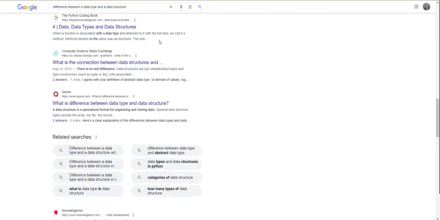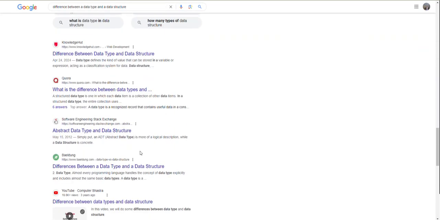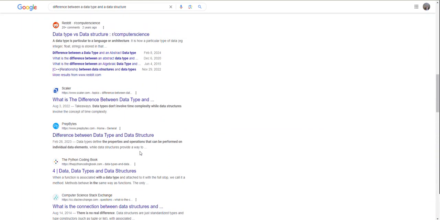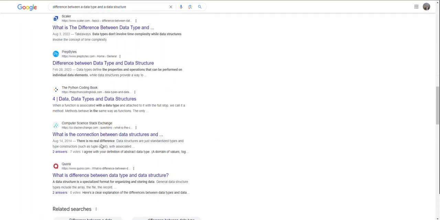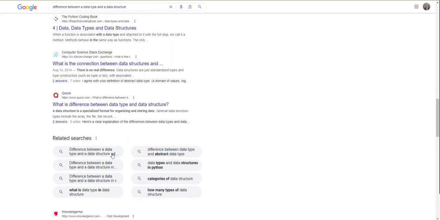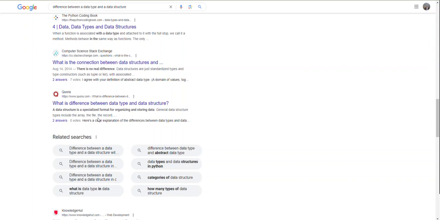I did it just to see how many different perspectives. And I looked at so many of them, and some of them I totally disagree with. This one says, well, there is no real difference. Well, there is, but it's narrowly defined. Data structure is a specialized format of organizing and storing data. I like that one.